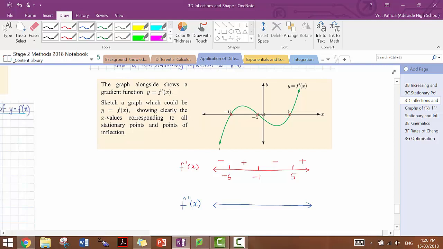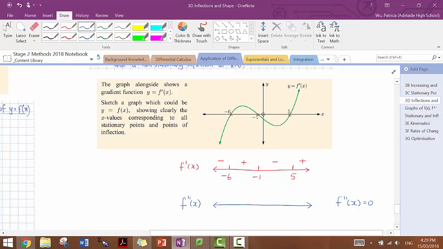Now what I'm trying to do is find the critical points on the second derivative. Well, I'm looking for the points where the second derivative is a 0. And the second derivative is essentially describing the gradient of the tangents on the first derivative graph.